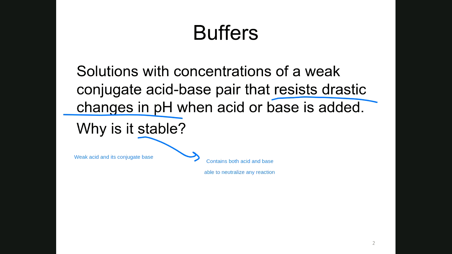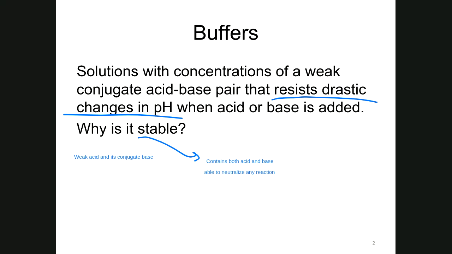So if acid is added to our buffer, then the conjugate base is going to react with it to neutralize it. If any base is added to our buffer, then the conjugate acid is going to react and neutralize it. So either way, we're going to be making water, which is going to help simplify things. And then we'll make either an acidic or a basic salt, and that only changes the pH ever so slightly.